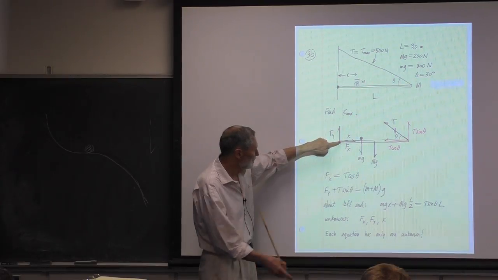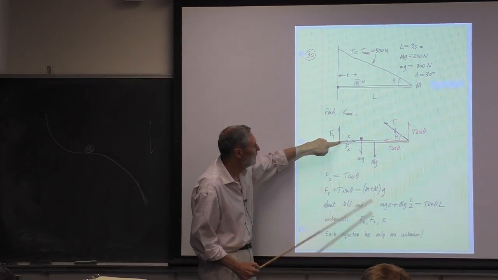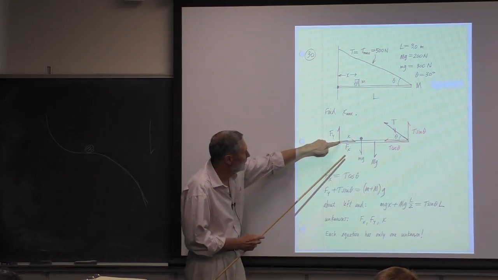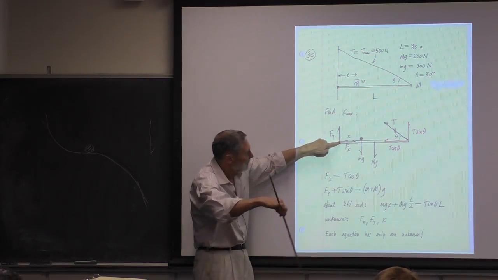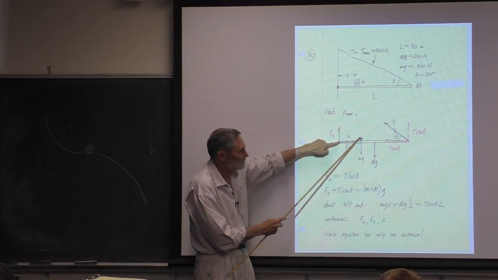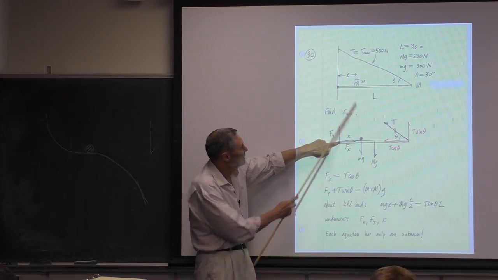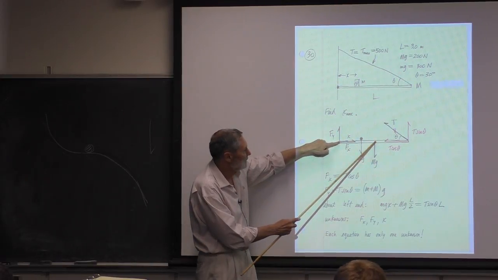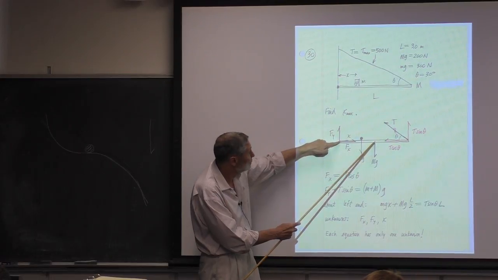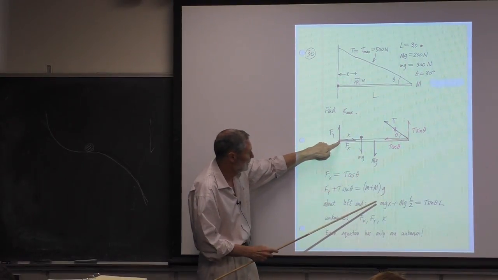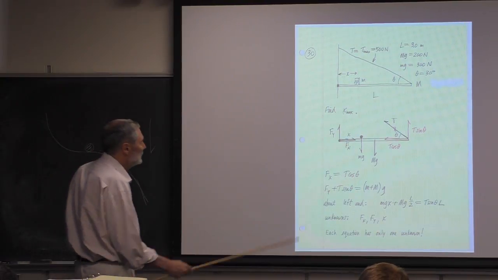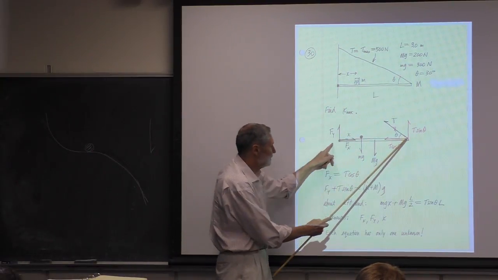If I take my origin here, there are three torques. In the clockwise direction, there's going to be mg times x. That's the torque due to this mass here. The weight, which acts at the center of mass, is going to be capital Mg times L over 2. This distance is L over 2. So I add those together to get the clockwise torque. The counterclockwise torque is going to be T sine theta times L.